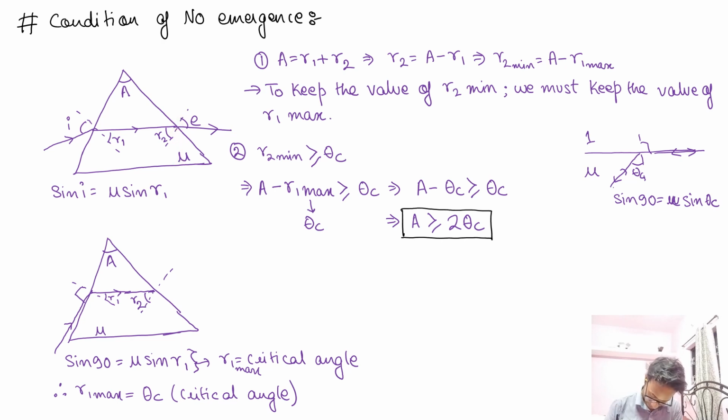Okay, so write out here, note: if A is lesser than twice the critical angle, then no ray can emerge out from the prism.